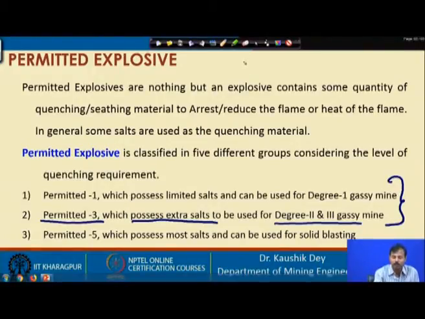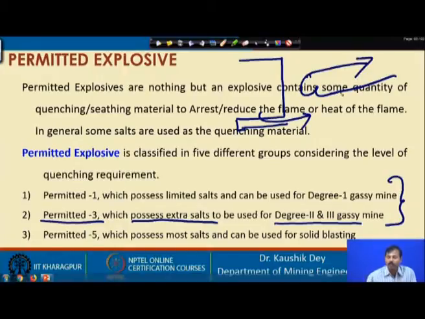Suppose this is the face where blasting has to be carried out. What we do is provide a cut beforehand, so that the methane can be released from this cut and go to the atmosphere beforehand.